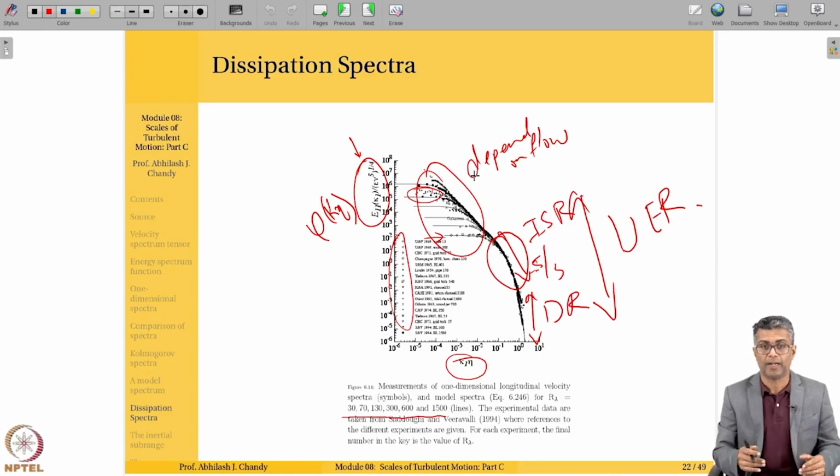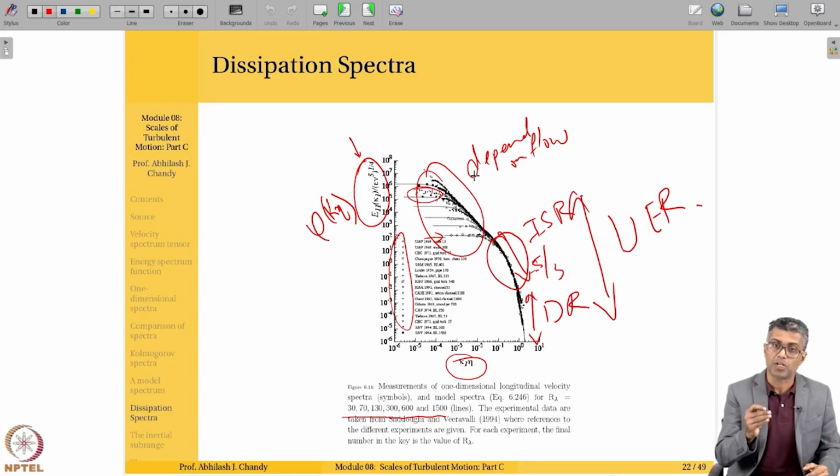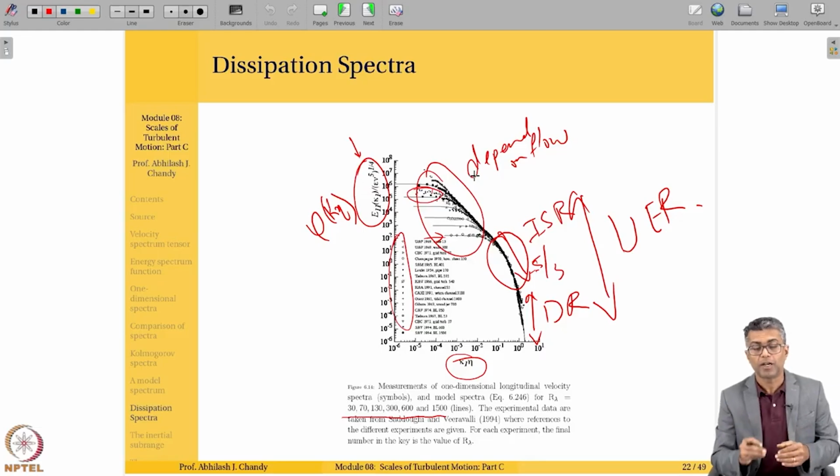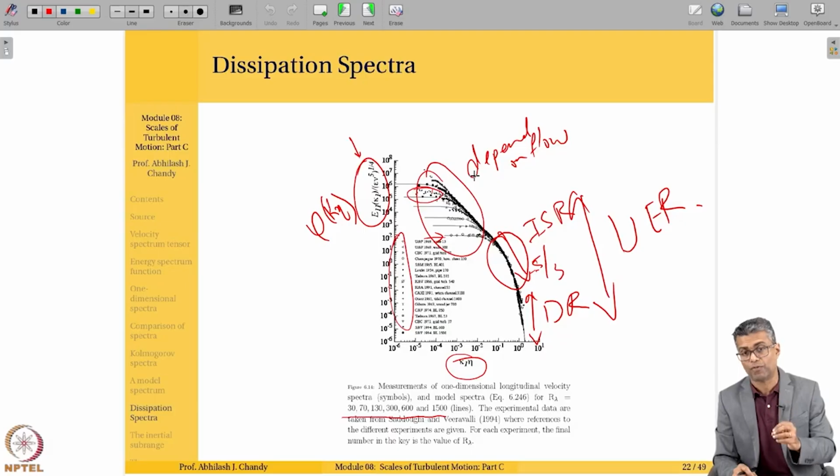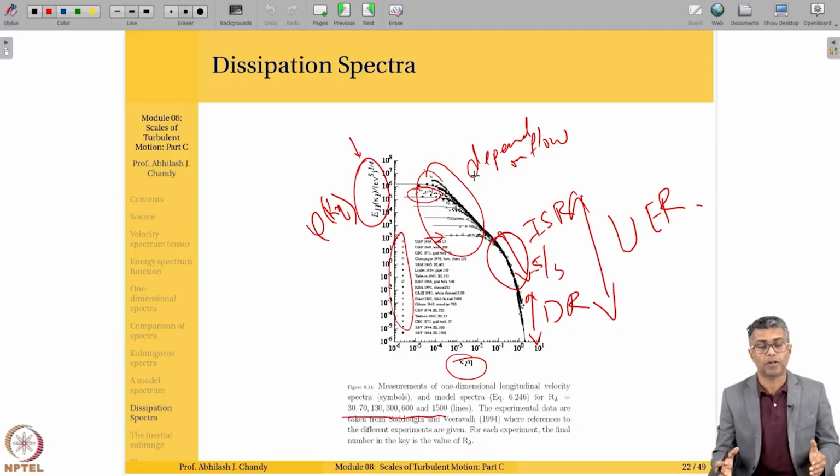Because the universal equilibrium range only depends on epsilon and nu, you would think that if you scale it with that expression, which makes the energy spectrum non-dimensional, then the universal equilibrium range will actually look universal in the energy spectra. All the spectra will in fact overlap, and that is essentially what we are seeing here, right?